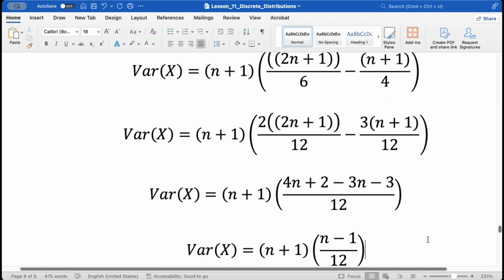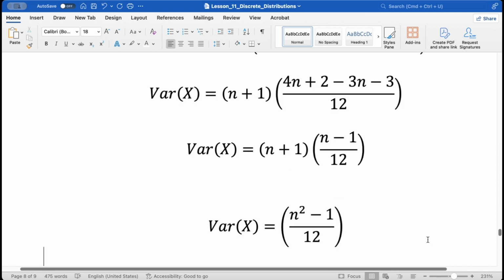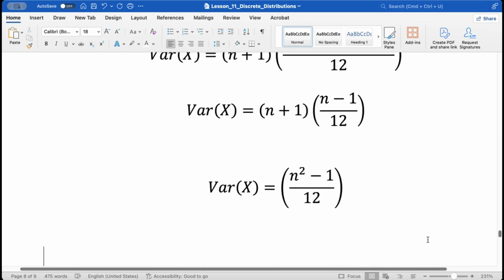It's n plus 1 times n minus 1 over 12. N squared minus 1 over 12. So again, that's the variance of a uniform random variable with x values 1 through n. In the case of the die, we had 6 squared minus 1. It was 35 over 12.